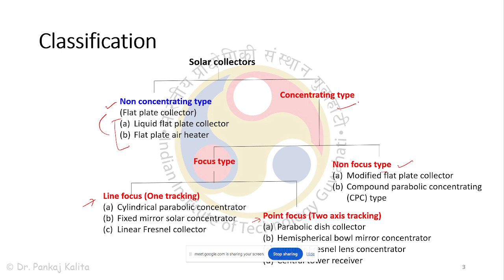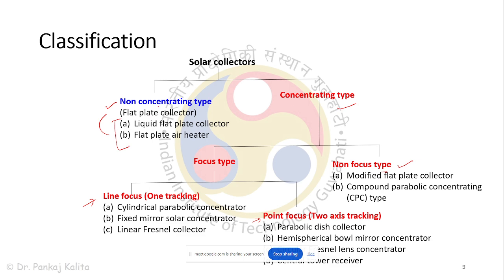By concentrating, we are trying to achieve this: we get our solar radiation on a large area, but if you want to enhance the heat obtained, or your required heat transfer, we can concentrate that whole incoming solar radiation onto some point or some line that will be a smaller area, thereby the flux will increase, right? The heat flux will increase.